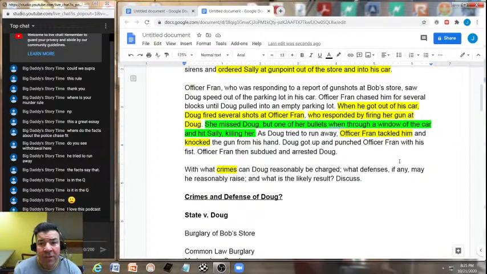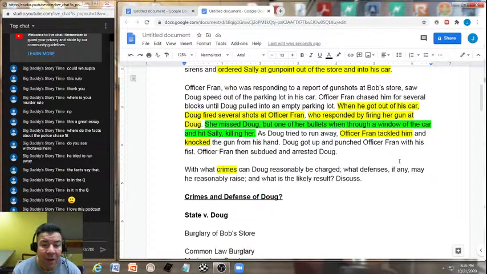We have to understand that in self-defense there has to be an immediateness to the threat of life, and you have to face the force that you're facing with proportionate force. Is Doug facing that force with proportionate force? In essence, he gets up and punches Officer Fran, but remember, he's resisting arrest too.